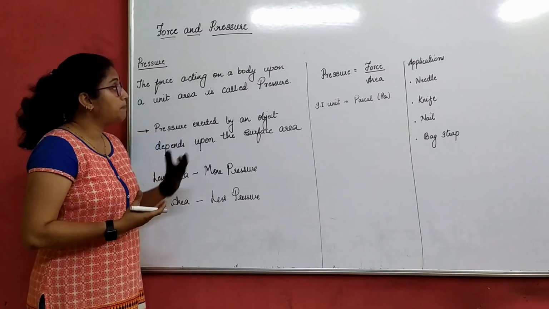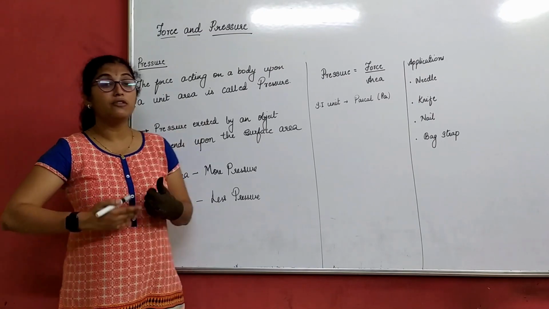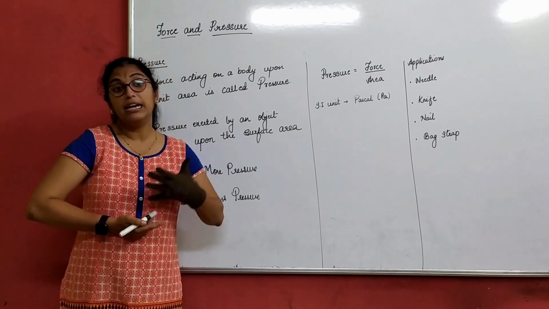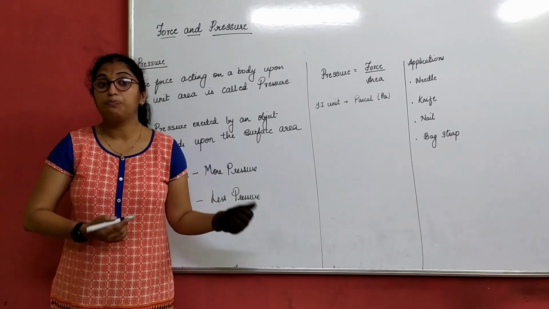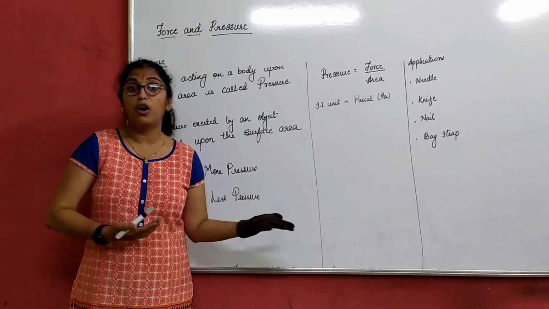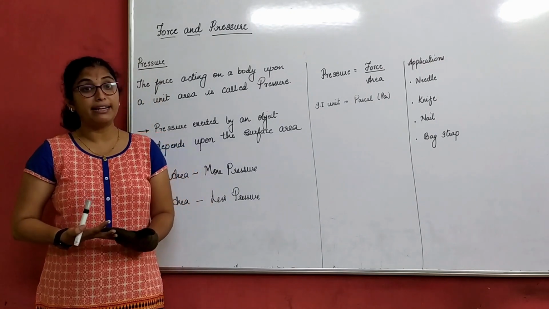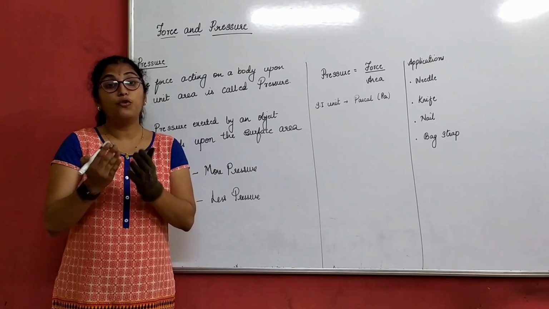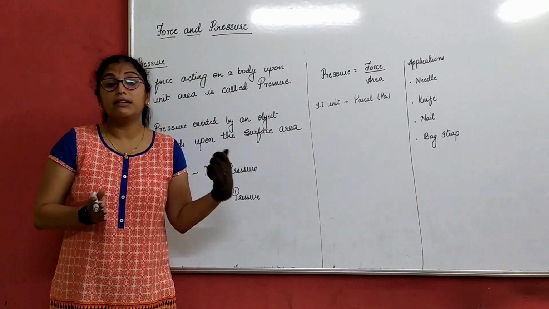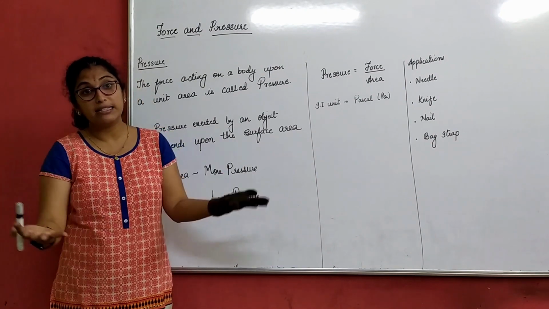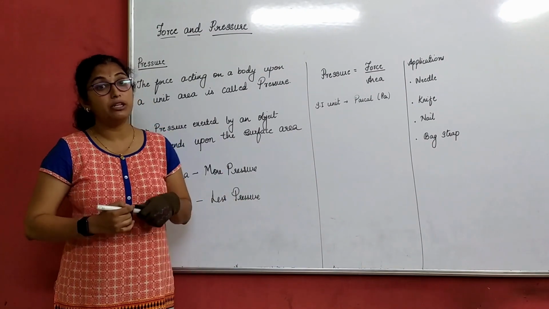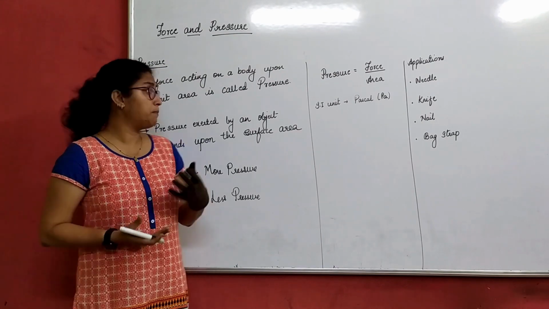Now the best example I can give you here is, you are walking on sand, right? A camel also walks on sand. Now it is easier for a camel to walk than for us to walk on sand, right? Why? Because our foot is quite narrow compared to the camel's foot. The wider the area, the easier it is for the camel to walk, correct? Best example.